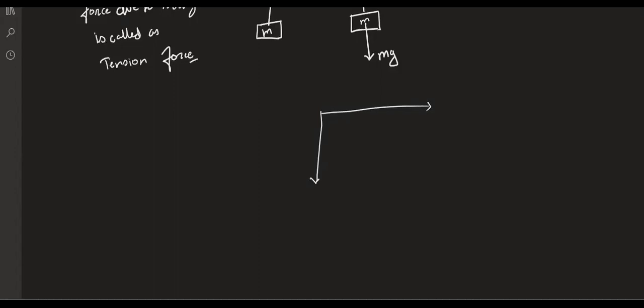Now consider this case. This is a mass which is tied by two strings. Say this angle is 60 degree.